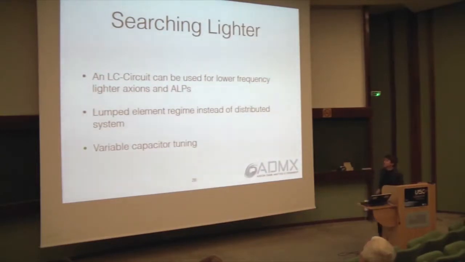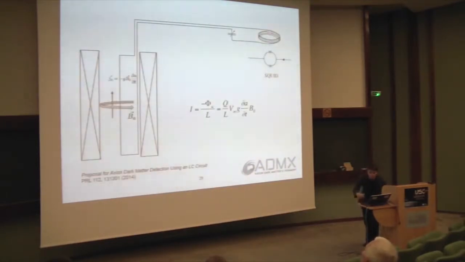But you could use that volume differently with an LC circuit, so something that's electrically longer than it is geometrically. So actually adding a capacitor and inductor to get a very low frequency structure. This is the same haloscope principle, just a different resonator. Let's actually look at what that would look like.